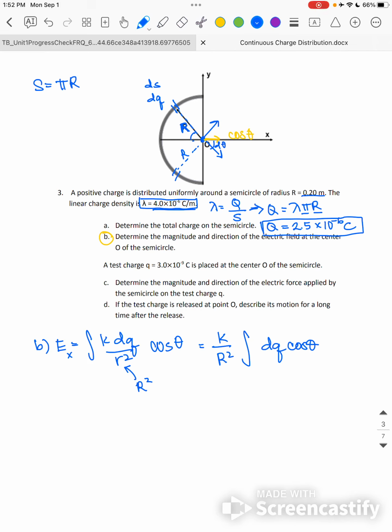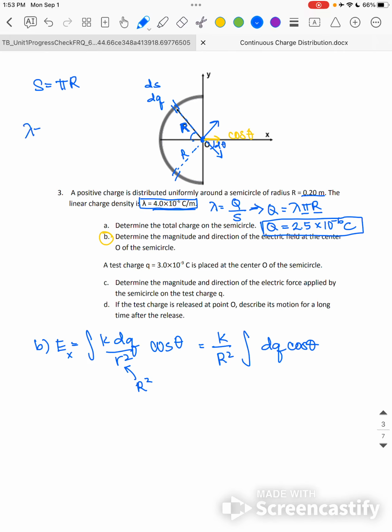Now, if I look at dq and I'm looking at cosine, I can't rewrite cosine theta in terms of similar triangles with values that we have because I have an arc here. So I'm going to start with my density equation.